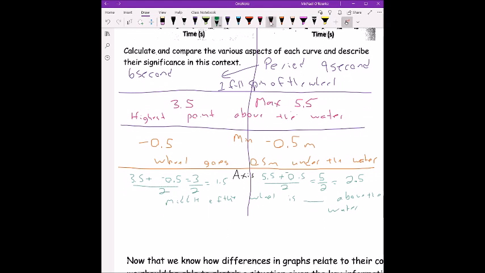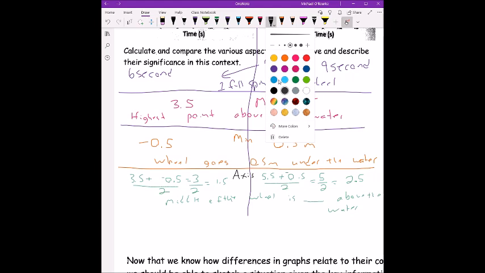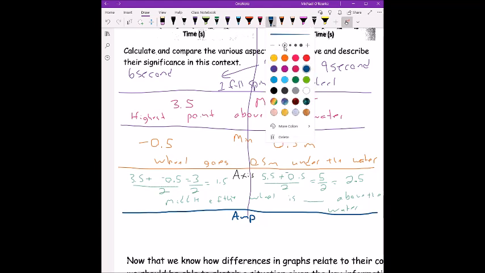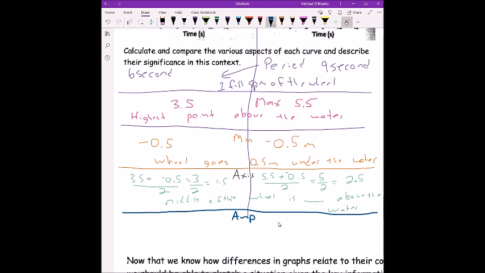Now, as Lawrence already said, the amplitude is where you're looking at the size of the wheel, or the radius of the wheel. Okay? So my radius, you guys already done it, wait for me.